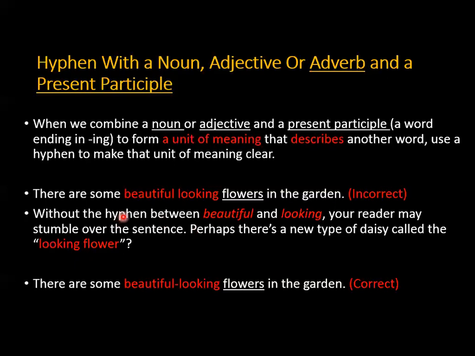There are some beautiful looking flowers in the garden. This is an incorrect way of writing the sentence, because without the hyphen between beautiful and looking, your reader might stumble over the sentence. You might get confused. Perhaps there's a new type of daisy called the looking flowers.